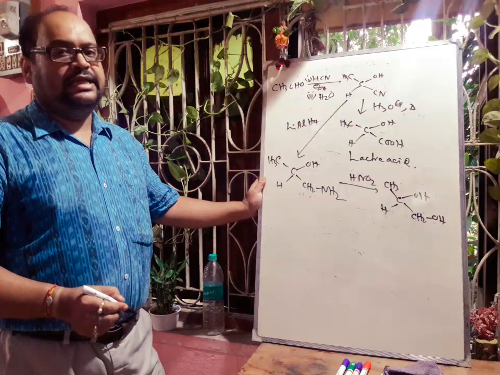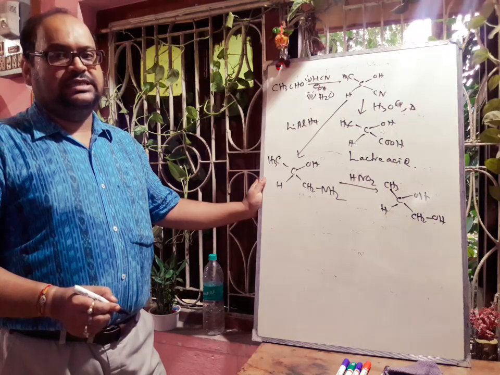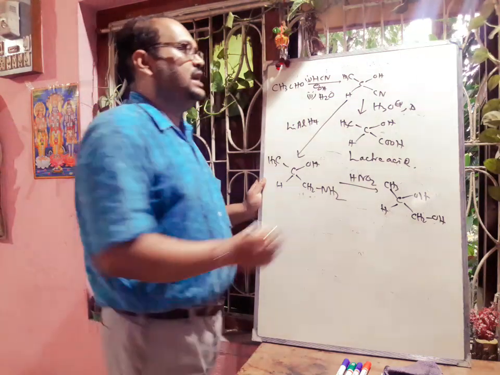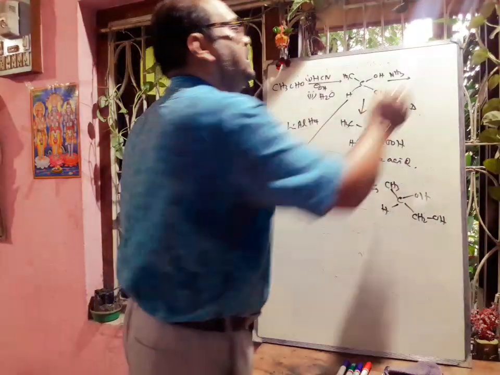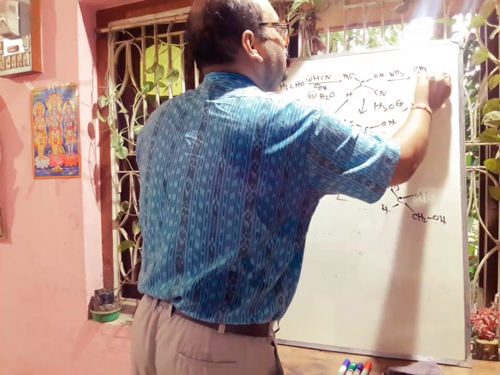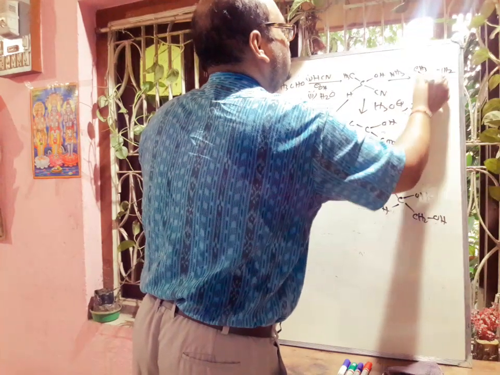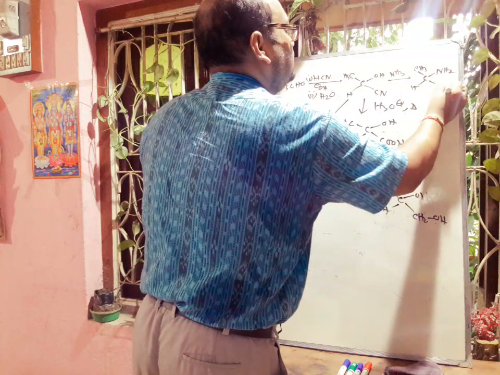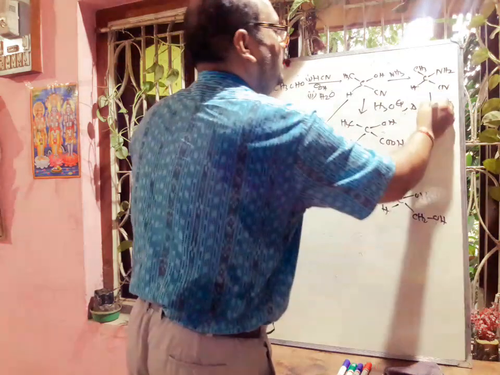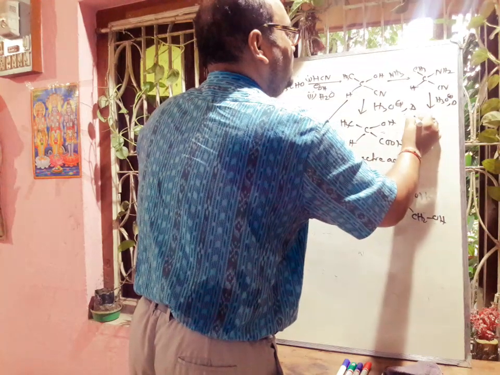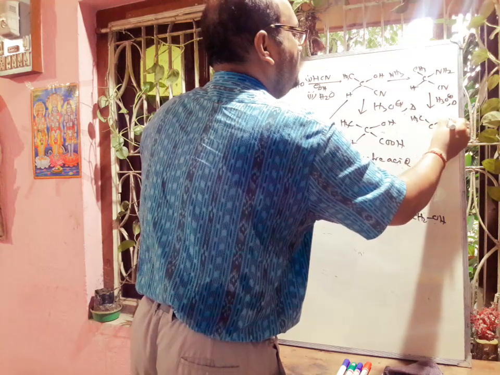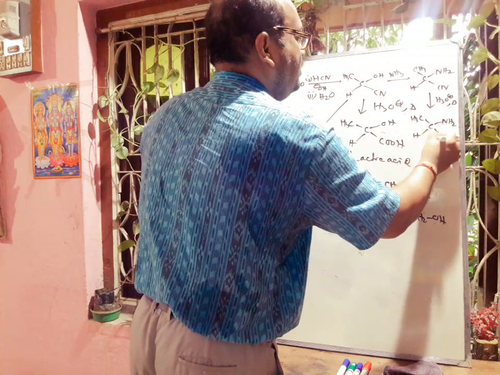Now another case we can discuss here: if we give ammonia, what will happen? Then there will be formation of CH3CH(NH2)CN. In the next step, if we give H3O plus, that means hydrolysis, then we will get an amino acid.